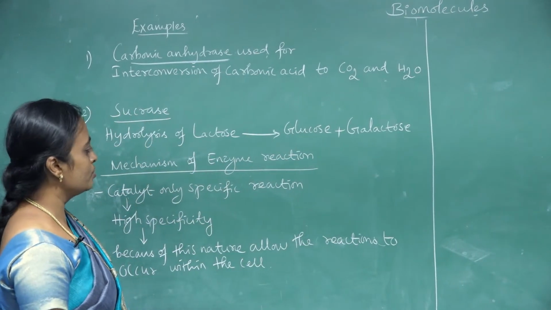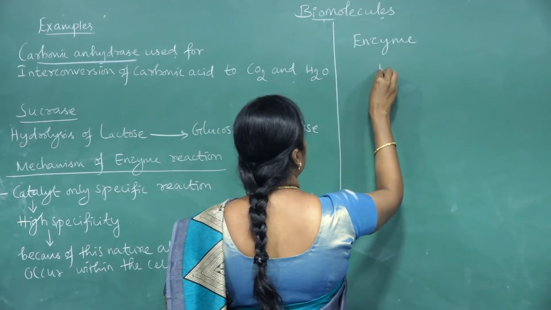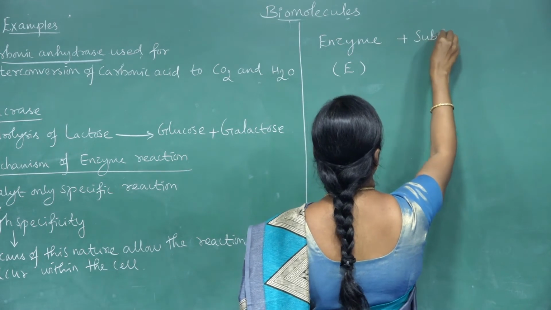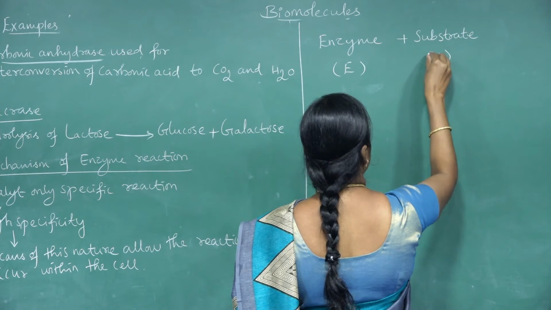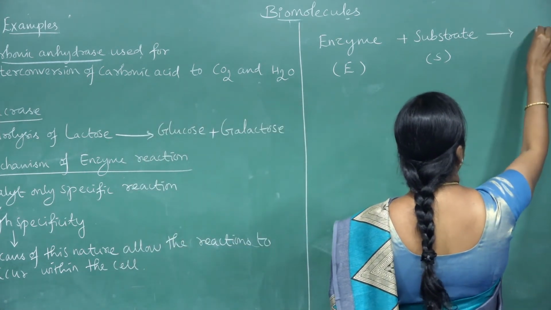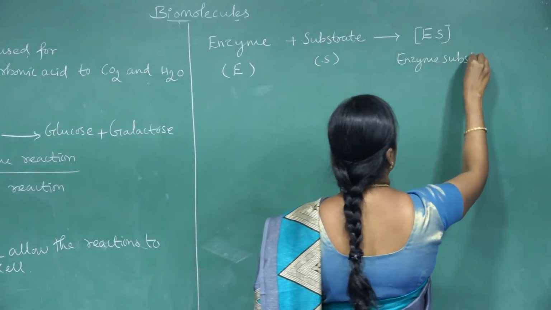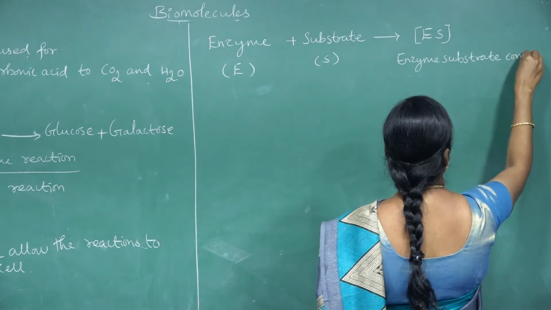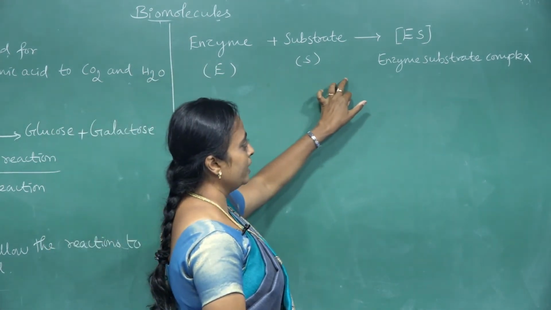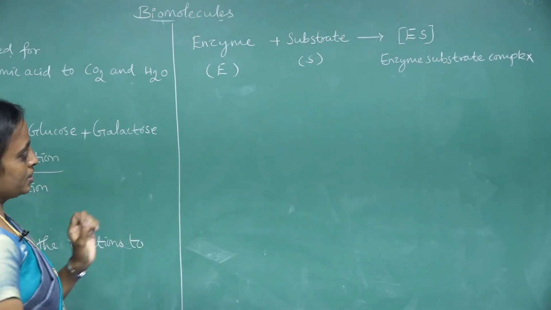Usually an enzyme catalyzes one reaction. Suppose I take the enzyme as E, and a substrate as S. Whenever the enzyme approaches the substrate S, it forms a complex, that is the enzyme substrate complex.